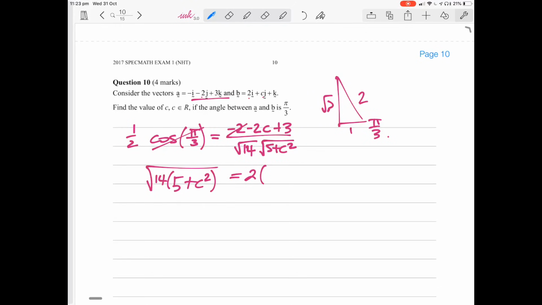So 2 times, because that 2 is going to go across, 1 minus 2C. So 14, actually let's expand it, it's 14 times 5, 70, plus 14C squared is equal to, we've got to square this side. Now, we know that this has to be positive, so just remember that.